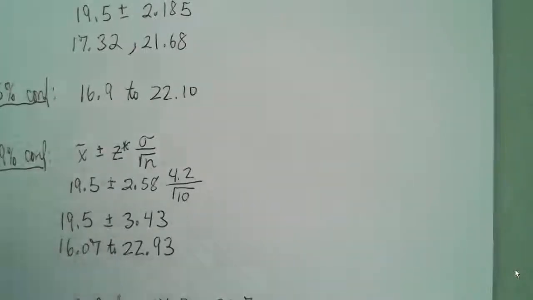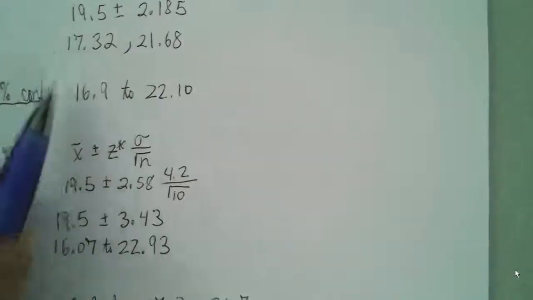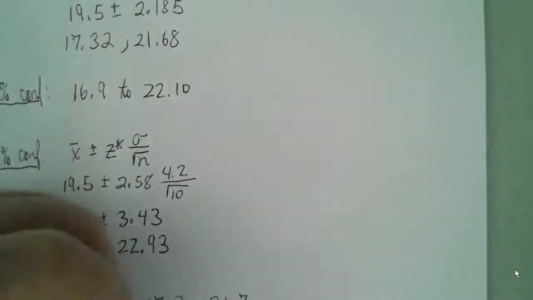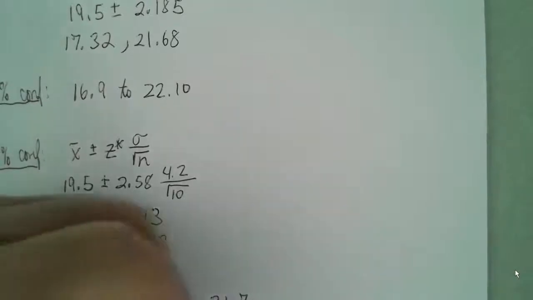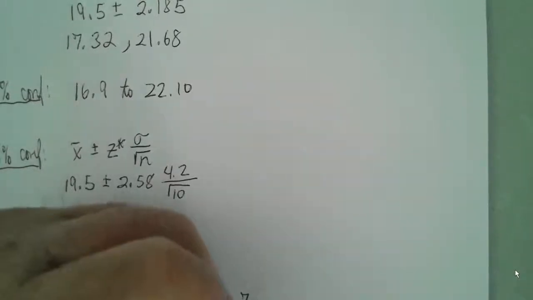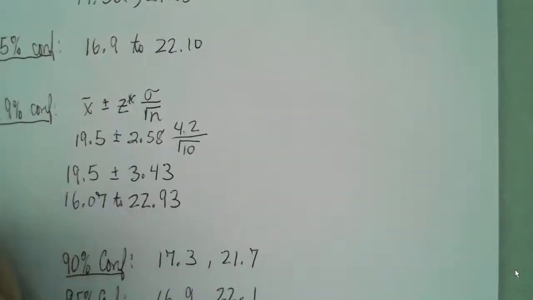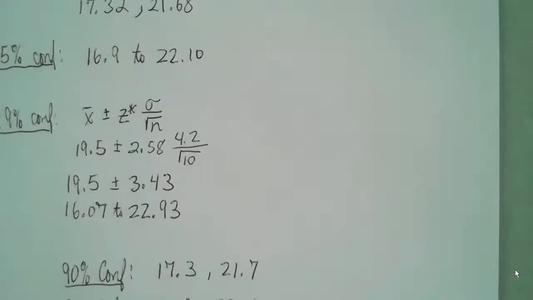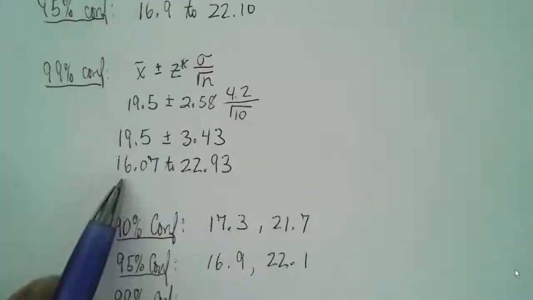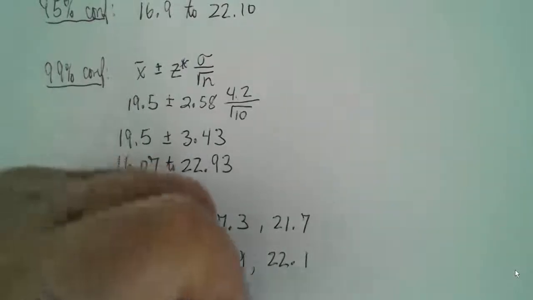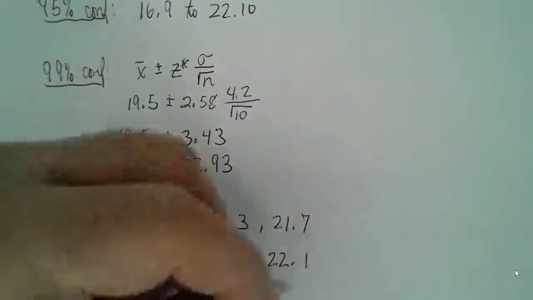We're more sure that mu will be in this range. 16.9 to 22.10. And if we want to be really sure, we're 99% confident that mu will land in the range, then our range is going to be 16.1, if we round off, to 22.9.